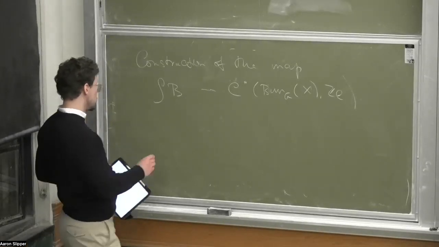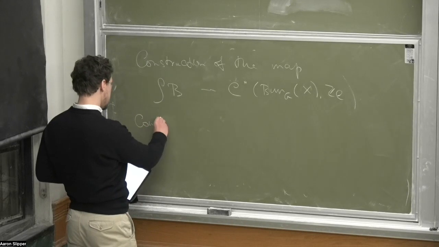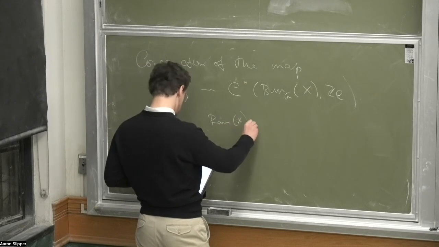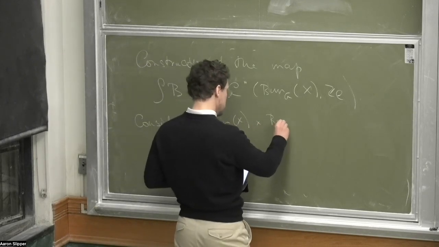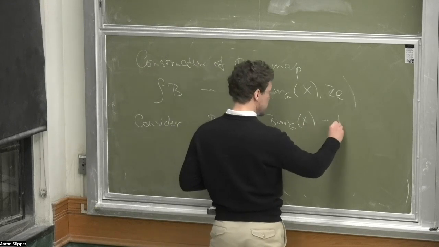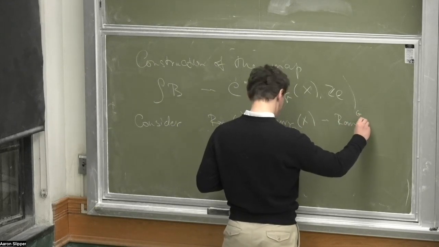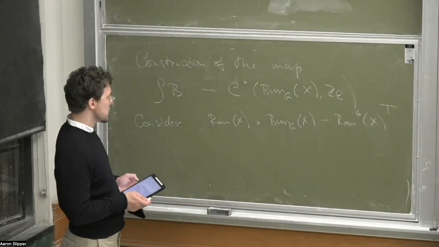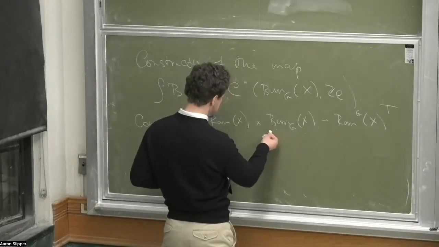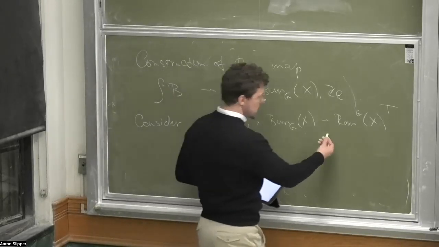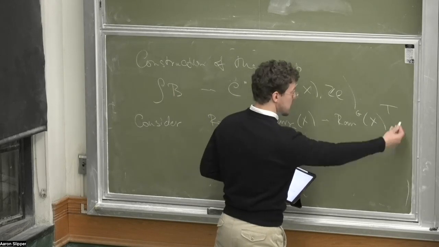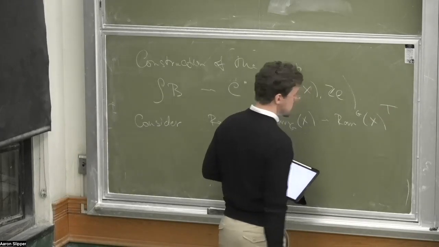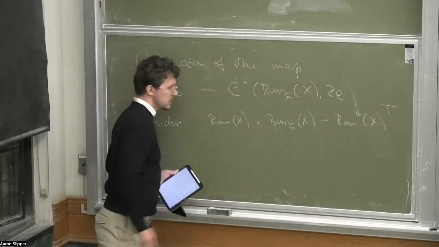So how do we construct this map? So consider the map from X times BunG X to the T. So what is this map? If I have a G bundle on X and a collection of points, then I can construct a G bundle on the divisor determined by this, right?